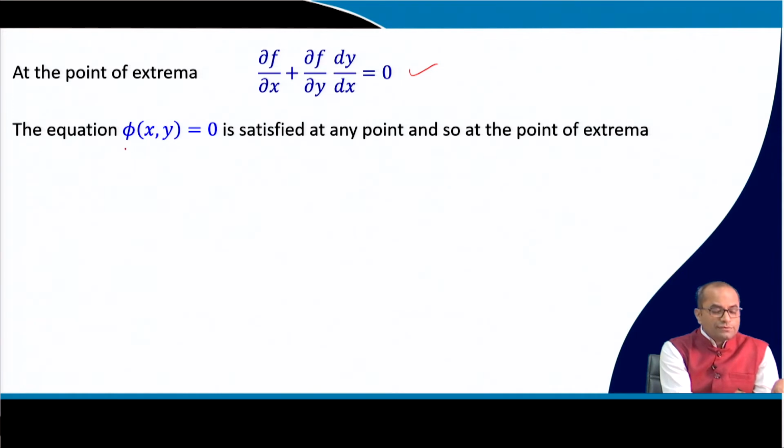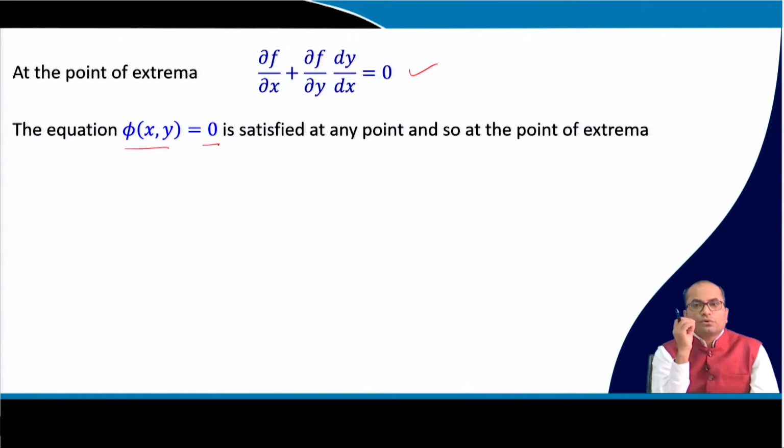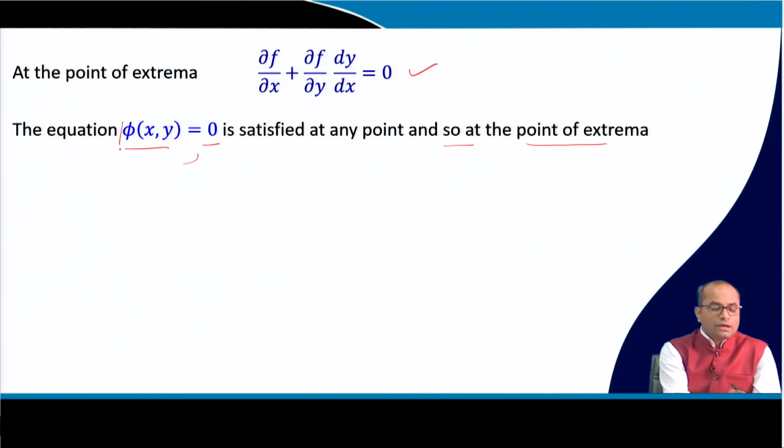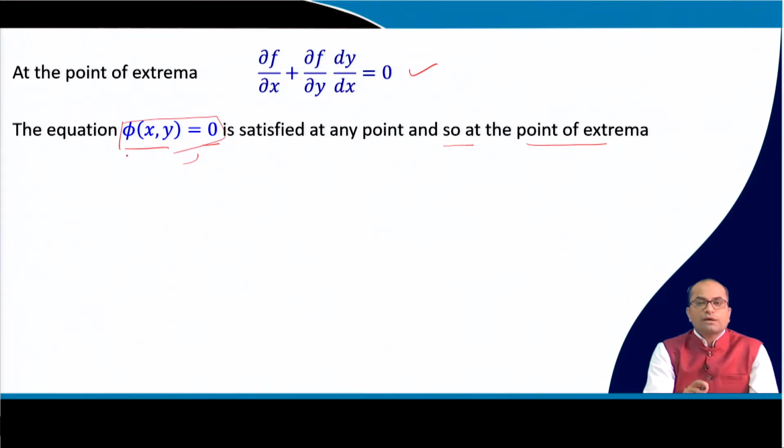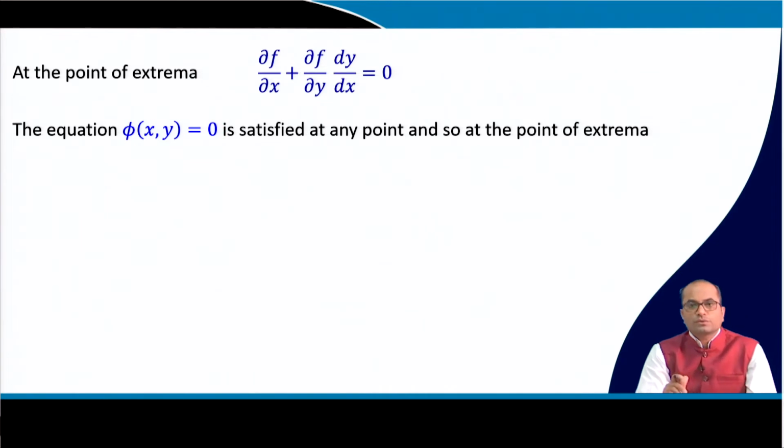The equation phi(x,y) equal to 0 is satisfied at any point, and therefore at the point of extrema also, because that is the restriction along with the function u.